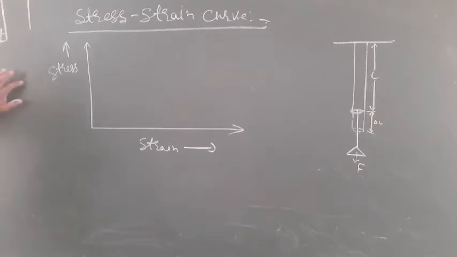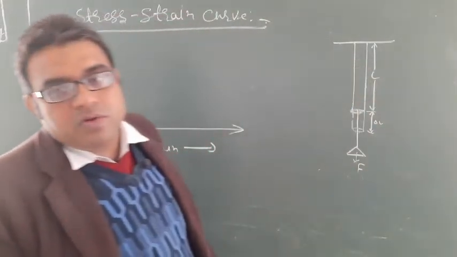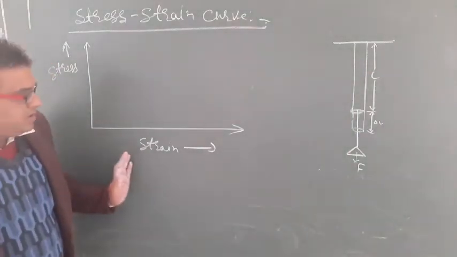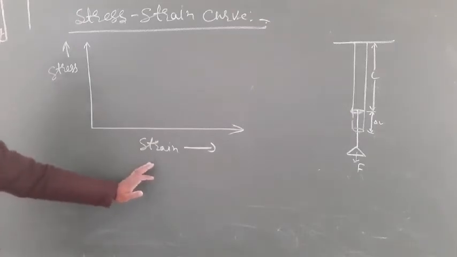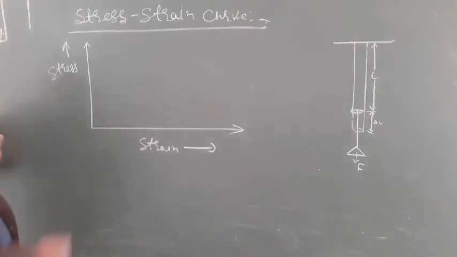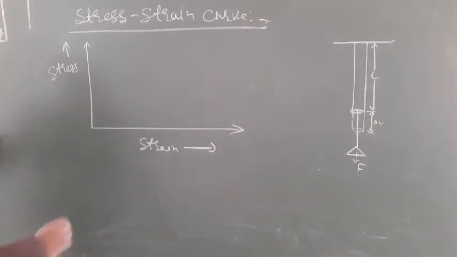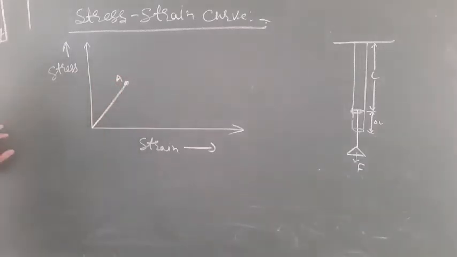As we increase the force or load over this wire, the elongation produced in the wire is going to increase. According to Hooke's law, stress is directly proportional to strain within the elastic limit, up to point A. Up to point A the body obeys Hooke's law.